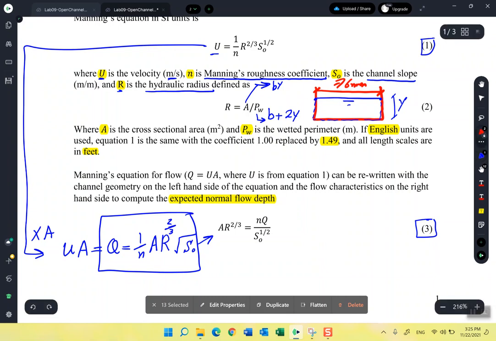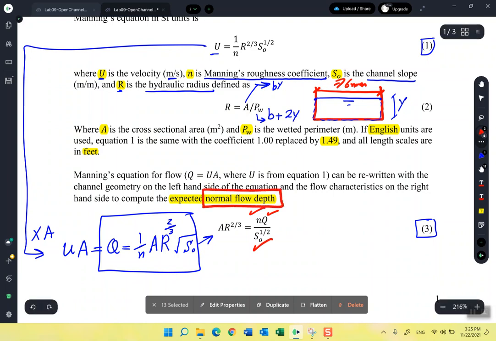So in case you have a channel with a Manning roughness coefficient n, and there is a discharge with a value of Q, and of course you know the slope, you can calculate the normal depth.